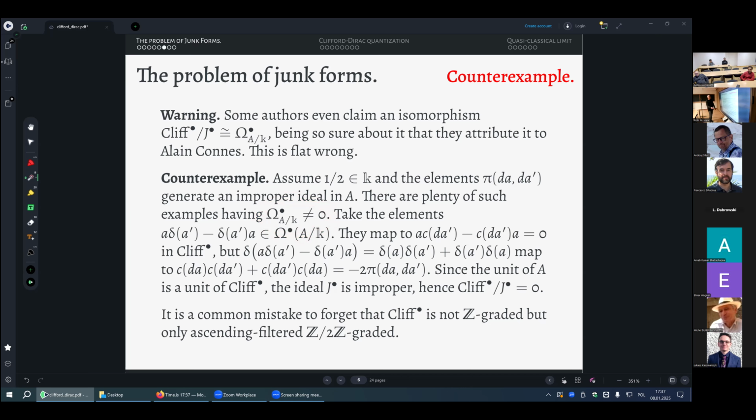So, therefore, I said that this conjecture is flat wrong.